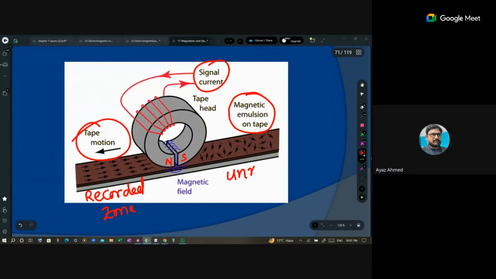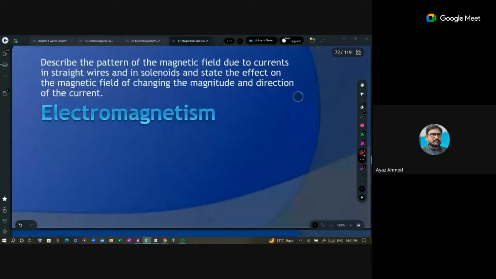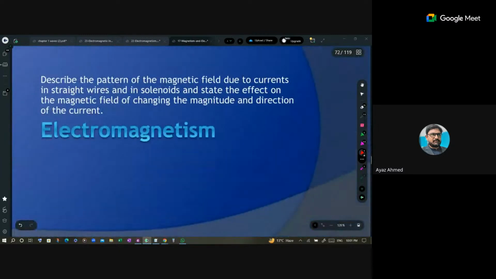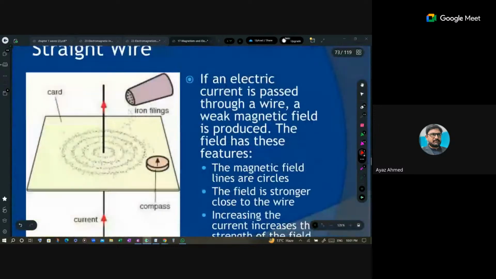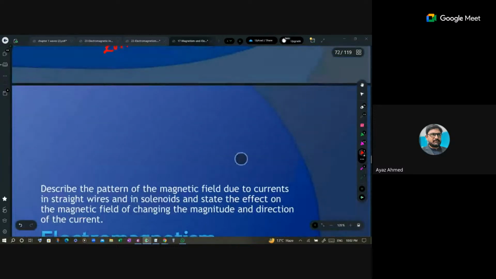So when it flows through this magnetic field of the internal circuit or the internal current, then it would be recorded, it would basically be magnetized. So these are some of the behaviors we discuss, or what we use in our magnetic material, or what is the use of the magnetic material.